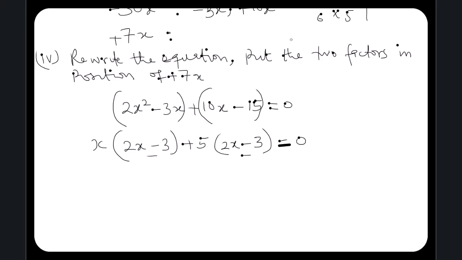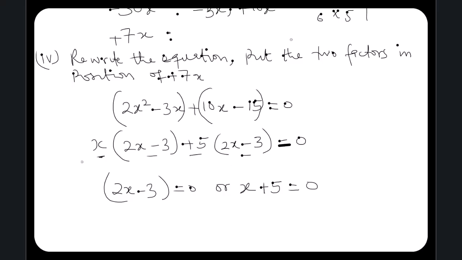After you have gotten that, if you see this clearly, what we have inside the two brackets are the same. Therefore, you take one of the brackets by saying 2x minus 3 is equal to 0, or the other, x plus 5 is equal to 0.